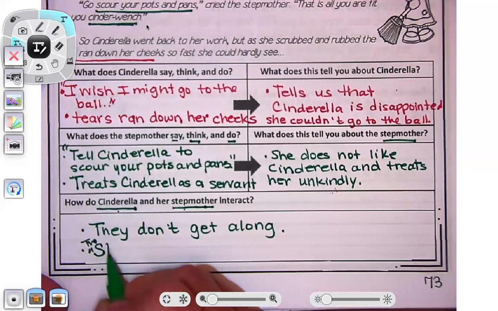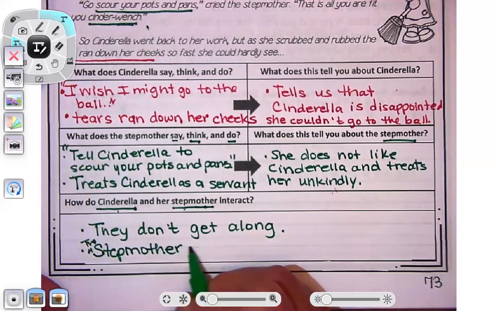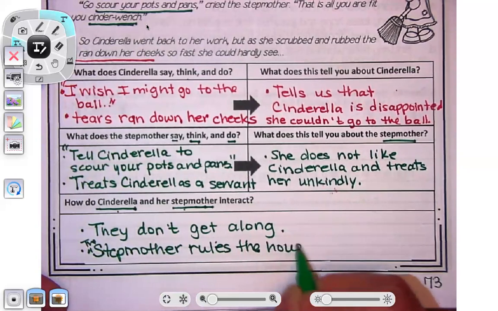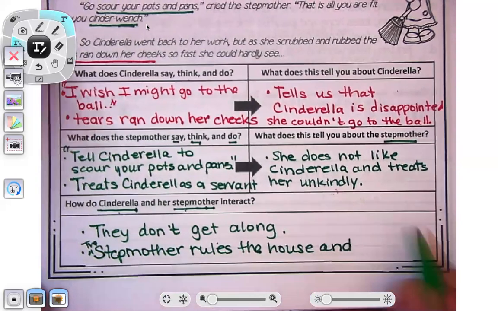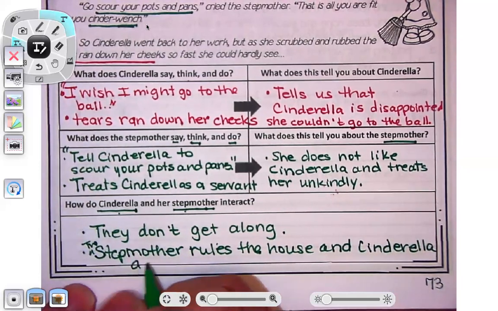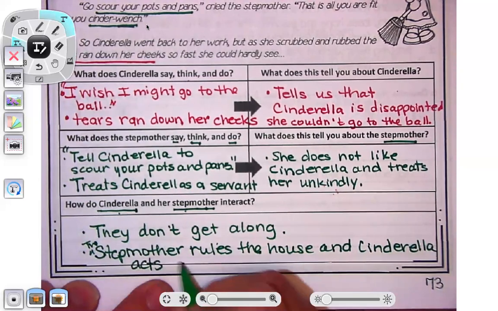So the stepmother rules the house and Cinderella acts as a servant.